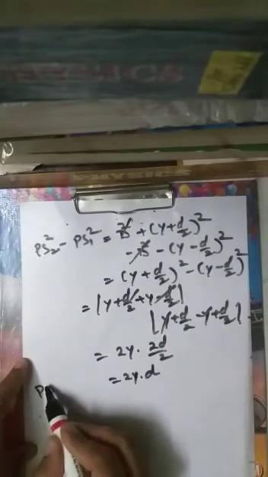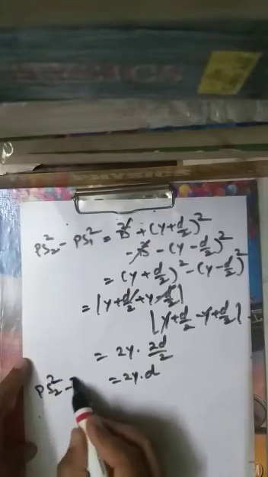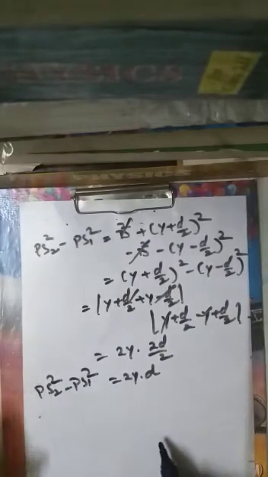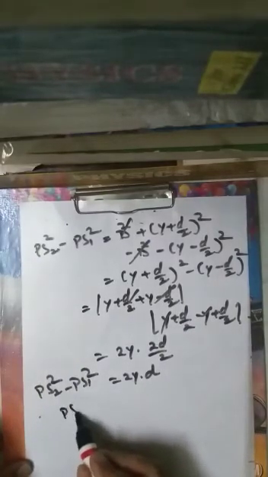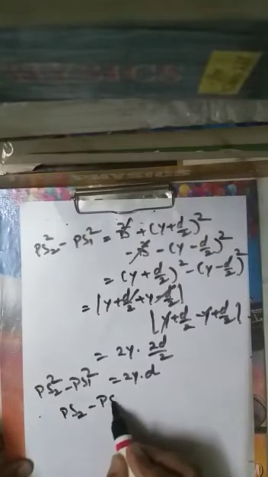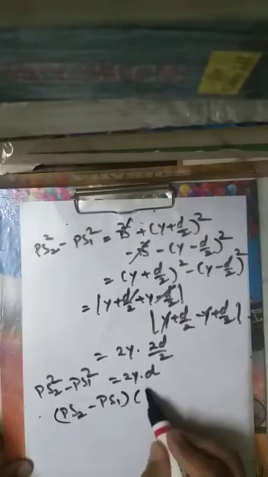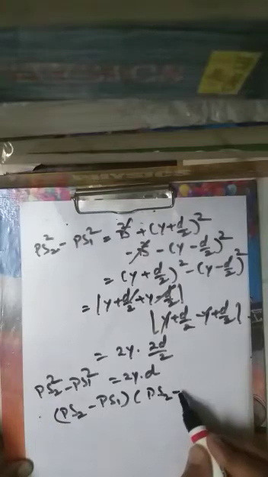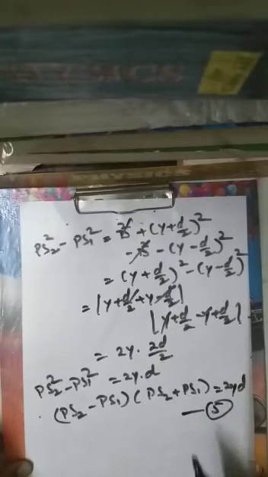So PS2 square minus PS1 square, which can be written as (PS2 minus PS1)(PS2 plus PS1), is equal to 2yd, equation number 5.